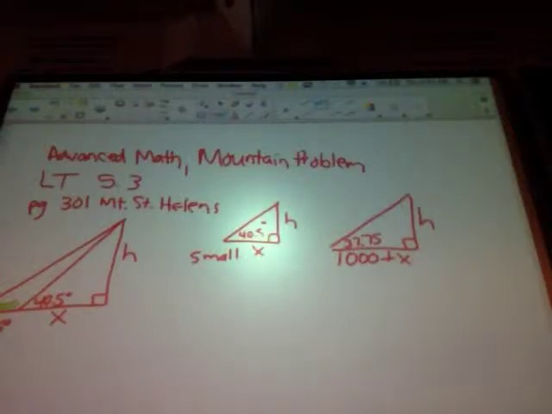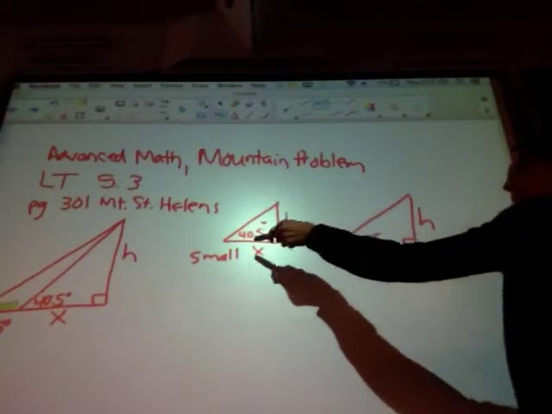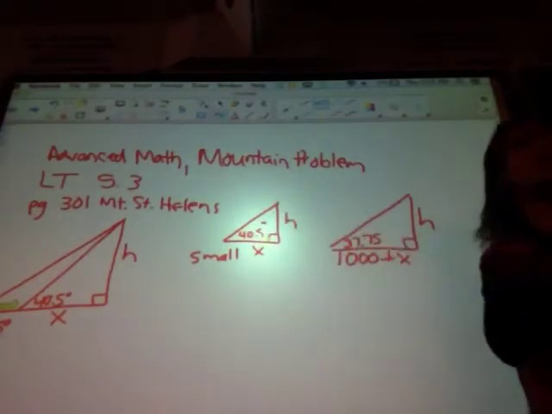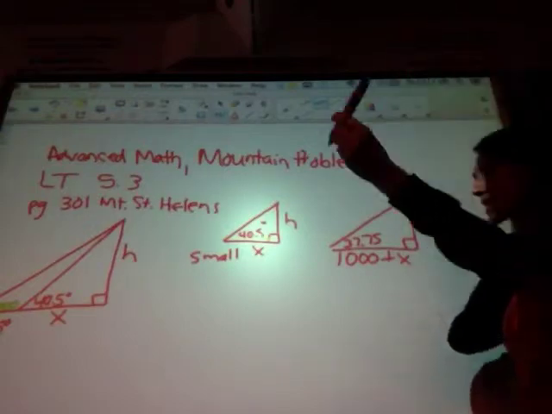Is everyone okay where those 2 triangles came from? Okay. Why do you think I split it into 2? It's one you got more information than the other. Okay. Oh, we can write an equation? What equation do we know that would link some of this? Oh, I'm hearing tangent.